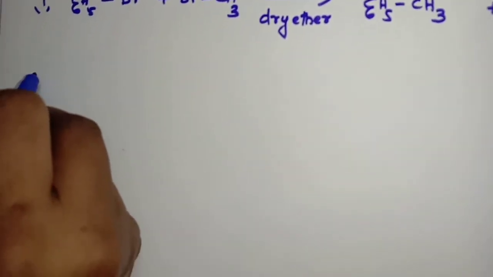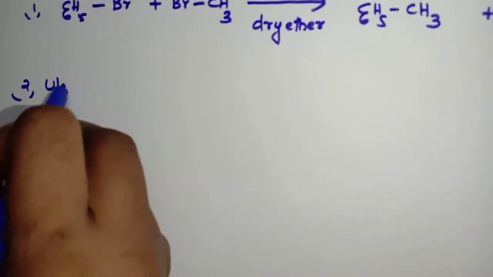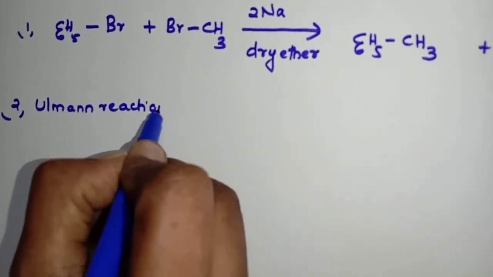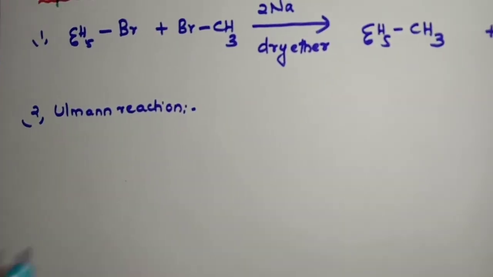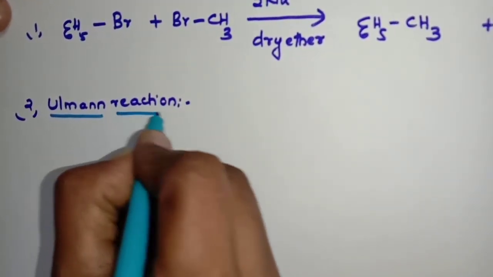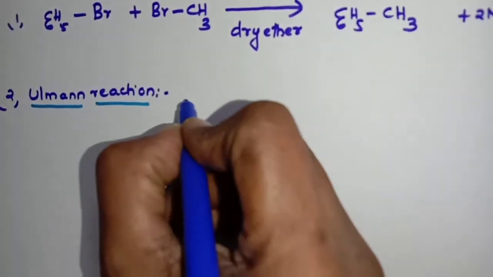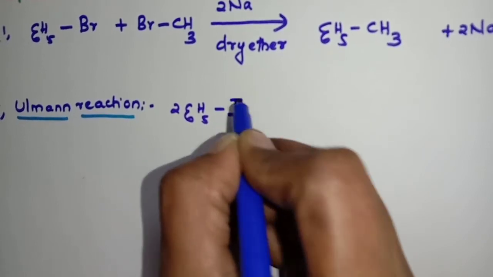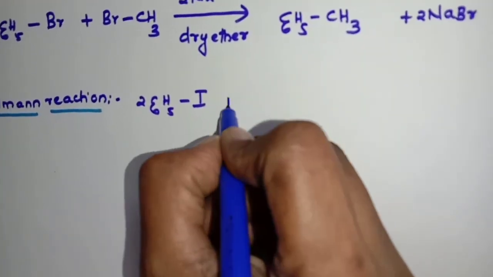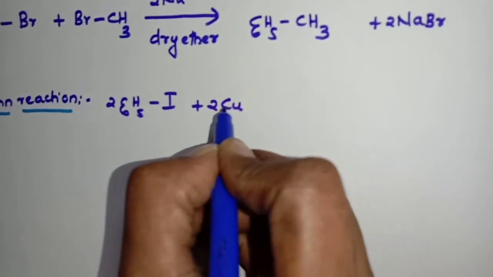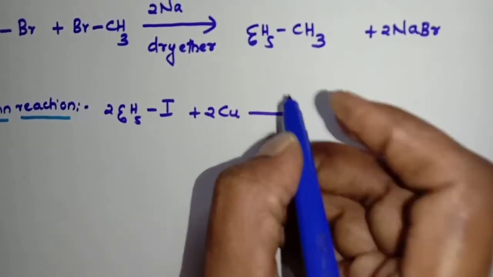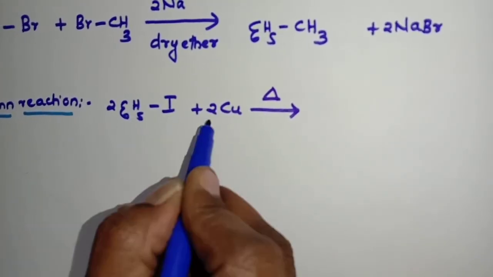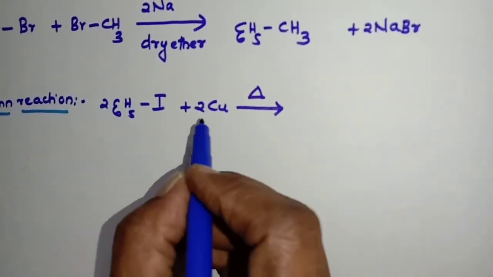Okay. Next, second one, we call it as Ullmann reaction. So what is Ullmann reaction? Write down 2C6H5I, iodobenzene, plus 2Cu, that is copper. When it is heated, that means when two molecules of iodobenzene are heated with copper, we get, so what happens, students?